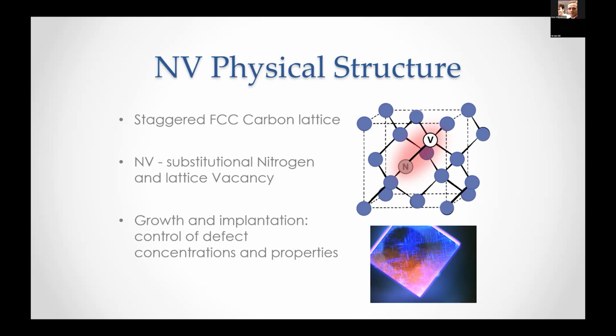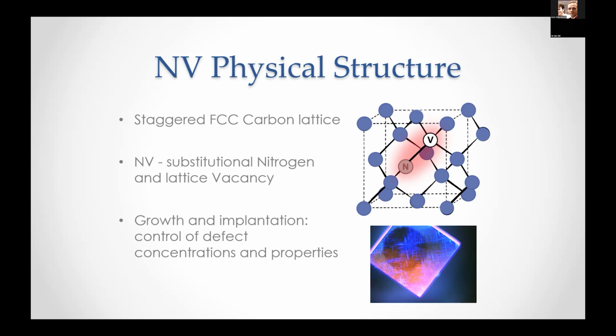In CVD, for example, this is mostly done by taking the forming gas in this process, the methane, and using isotopically enriched methane that already has this reduced C13 content. It's actually very hard to do this isotopic enrichment, and these little bottles of methane are super expensive. But still, that is something that can be done.